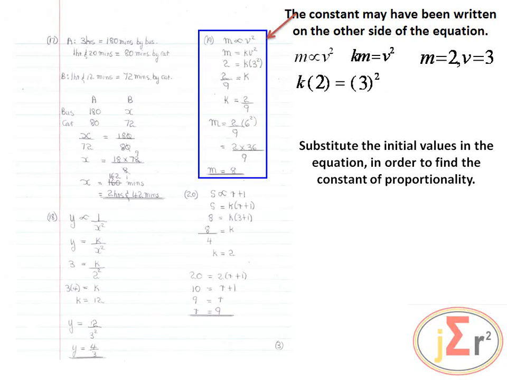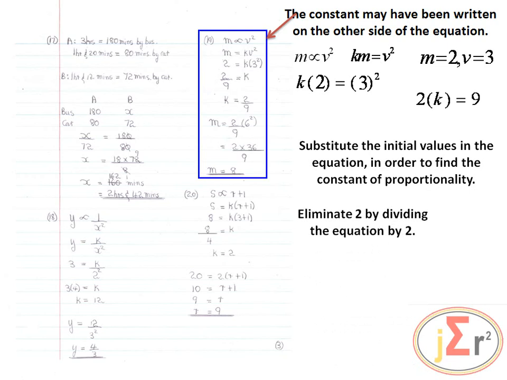3 squared is equal to 9. So 2k is equal to 9, and we are multiplying by 2 on that left hand side. Therefore, we need to divide by 2, eliminating that 2 from the left hand side.